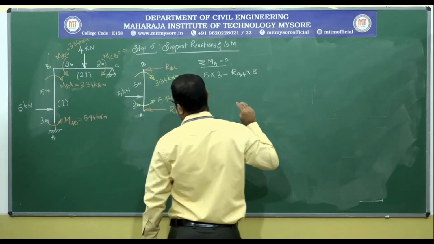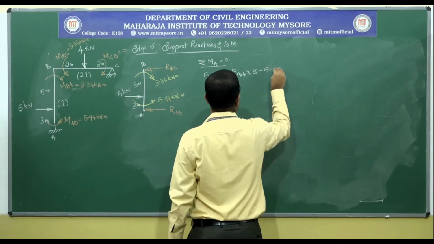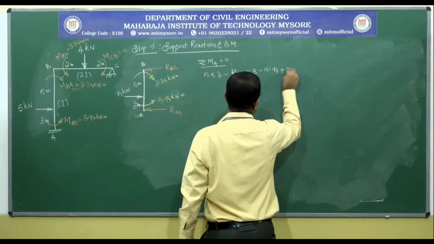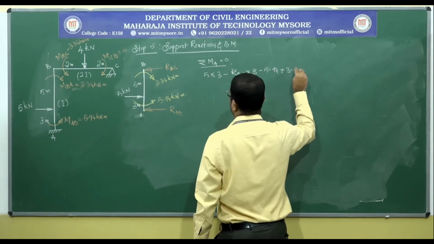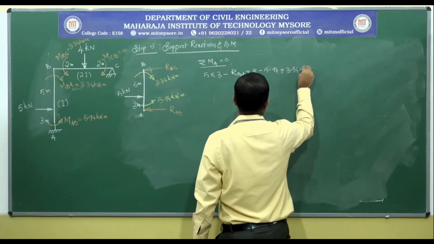Then we have one anti-clockwise moment, that is minus 5.94. Then we have one clockwise moment, that is 3.34. So this equals 0.